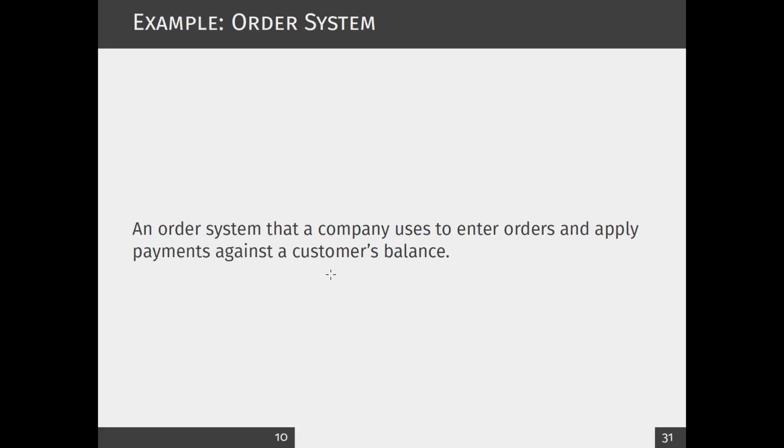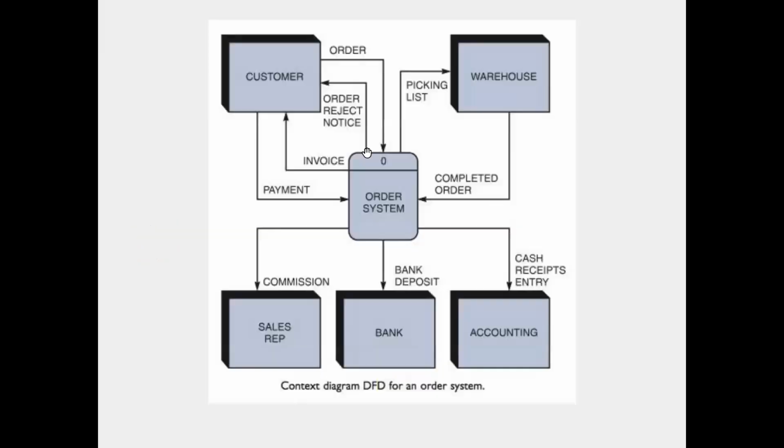Now let's look at another example. In this second example, we are going to see how an order system works. The order system is what a company uses to enter orders and apply payments against customers' balance. So like in the previous case, you can see we have an order system, and there'll be a customer who places the order.